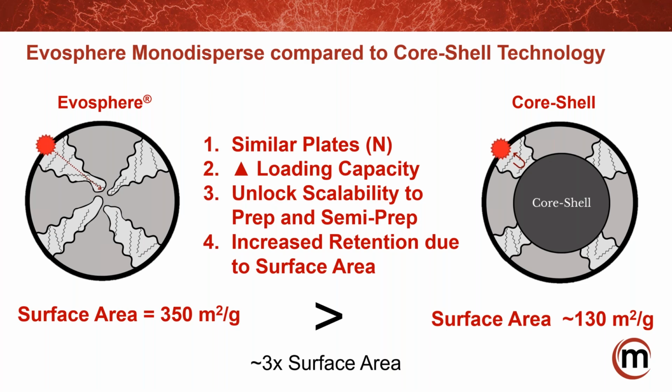What it also does is unlock this issue around scalability to prep and semi-prep. All the monodispersed particles, you can now scale them to 10 to 20 to 30 millimeter ID columns. And so we're able to mimic analytical separations for the medicinal chemistry or isolation purification folks.